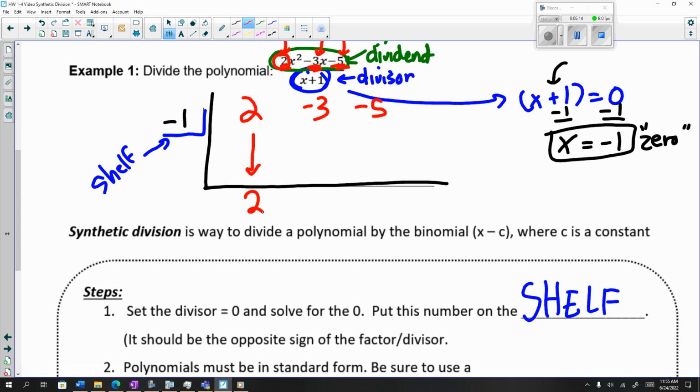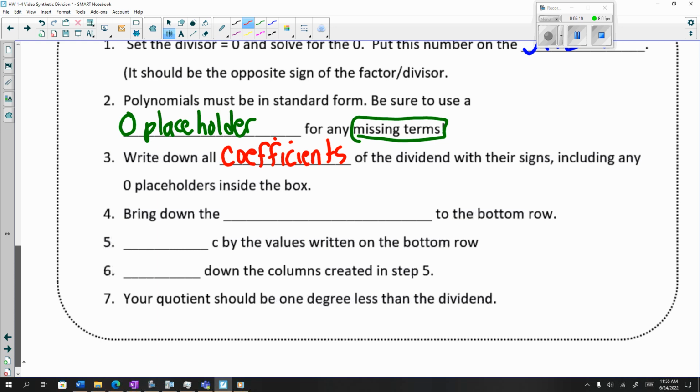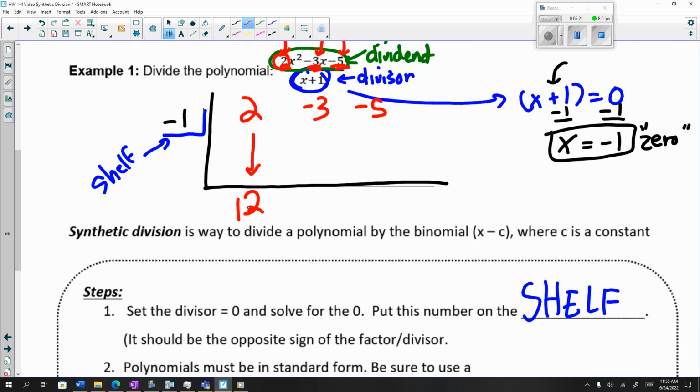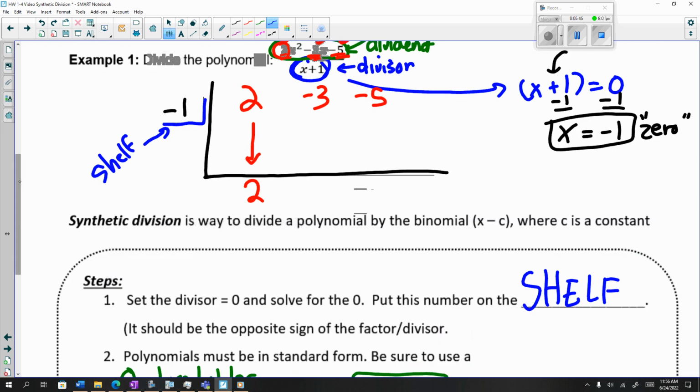All right, so if you look down at step 4, it says bring down the leading coefficient, which is the first coefficient, down to the bottom row, which put the arrow if you like. And then what we're going to do is we are going to multiply.